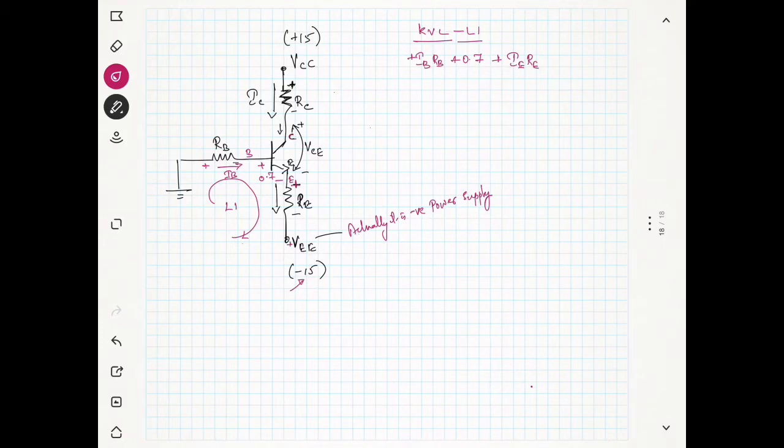While writing the KVL, you can assume that this is positive, but while substituting in problems, you have to give the actual polarity of the voltage. So I will write plus VEE, since I am assuming it as plus, equal to 0. This is equation number 1.